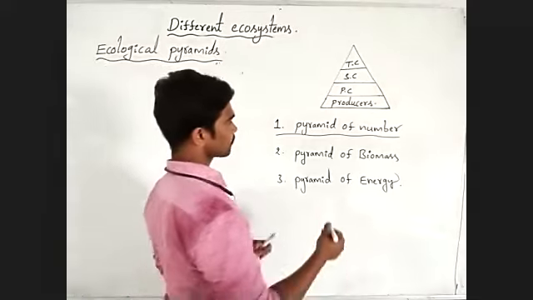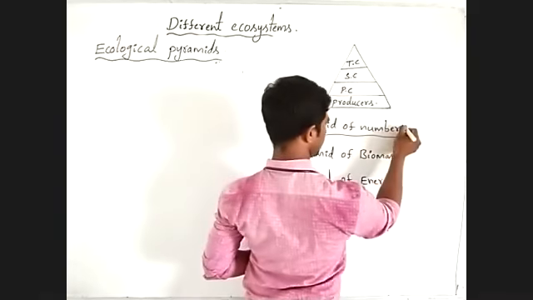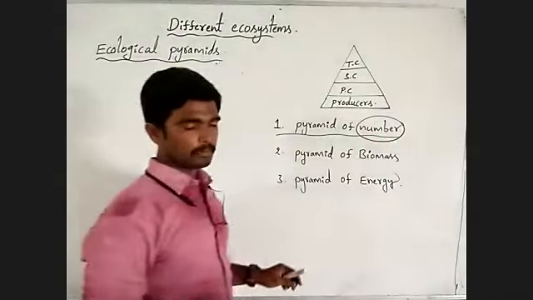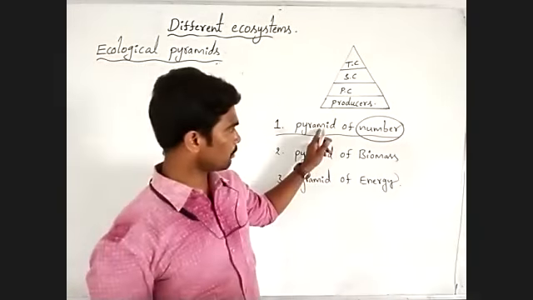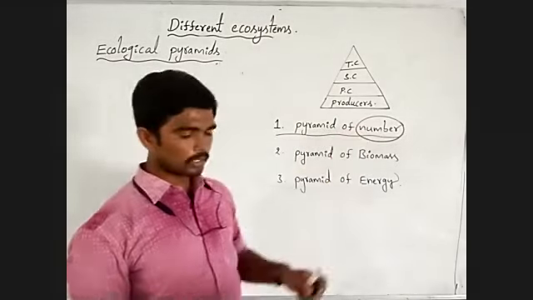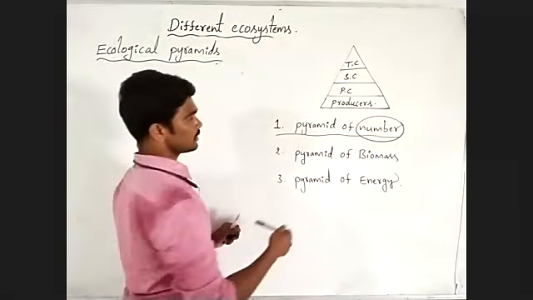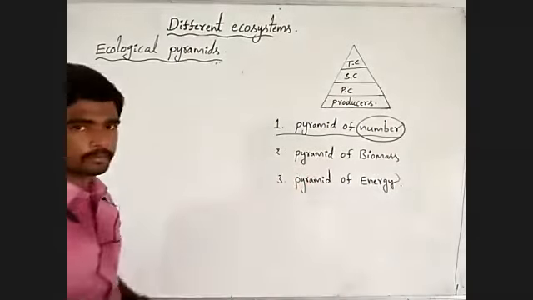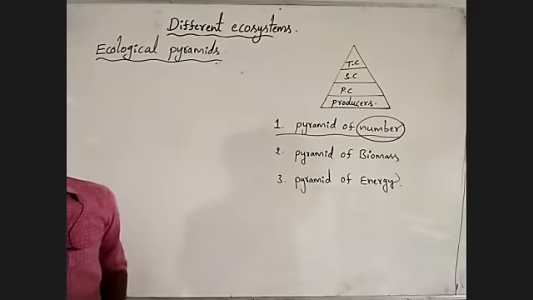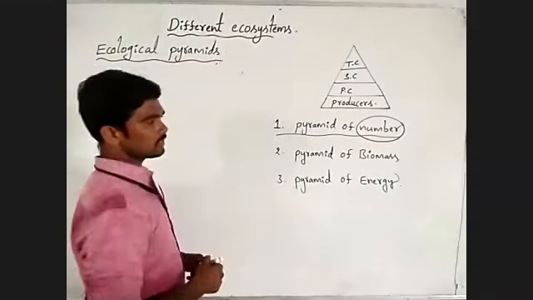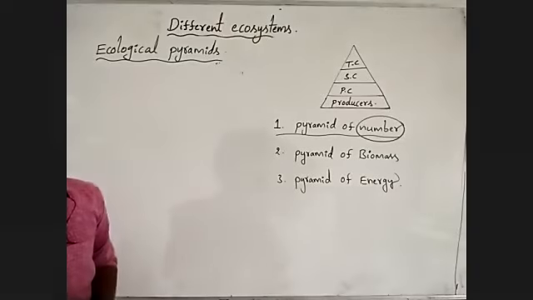Pyramid of number means in this pyramid we represent the number relationship of different types of organisms in an ecosystem.